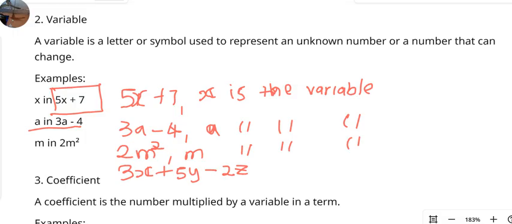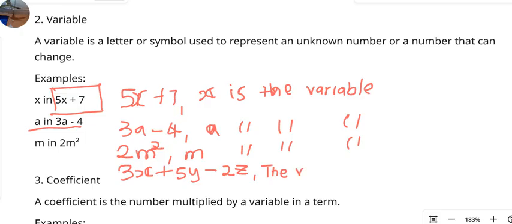You can see now clearly that the variables are x, y, and z, because they are the letters.